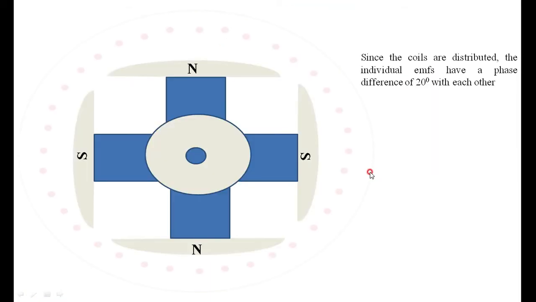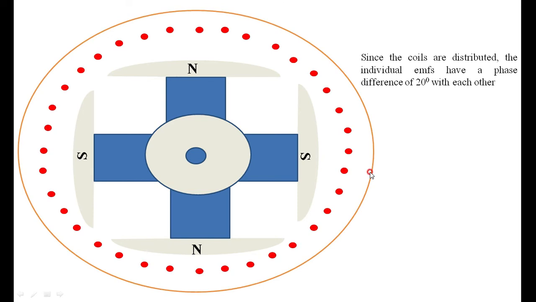Suppose there are, for example, 9 slots for each pole. There are 36 slots and 4 poles, so 9 slots per pole.